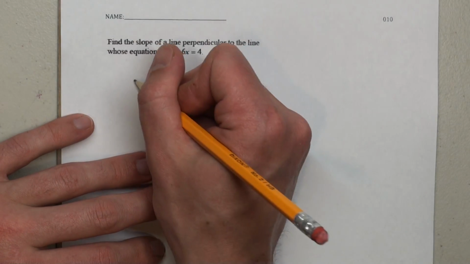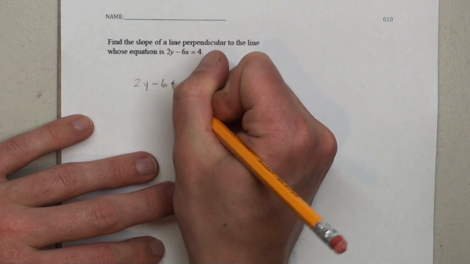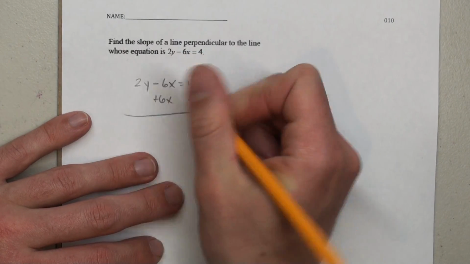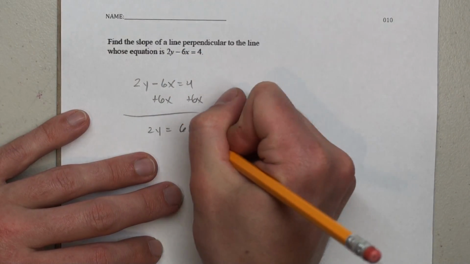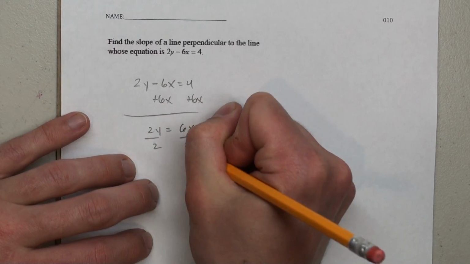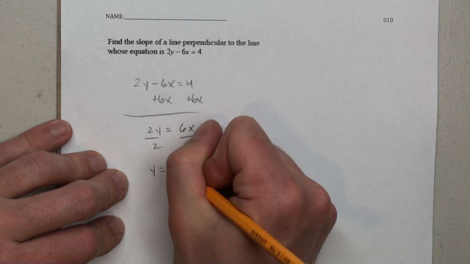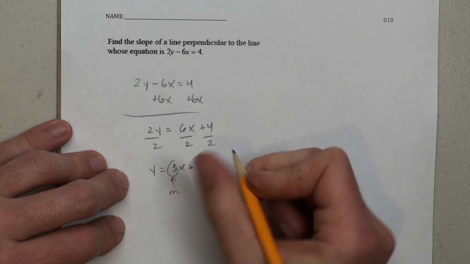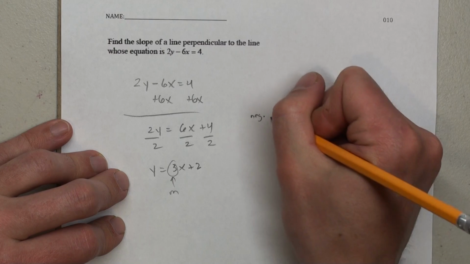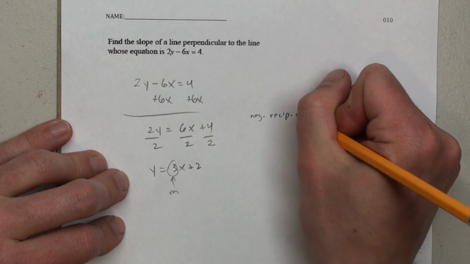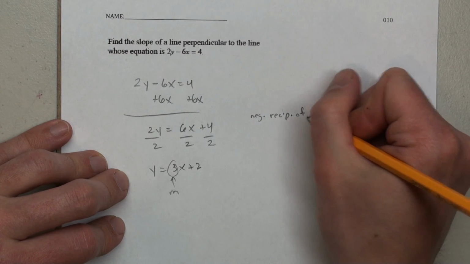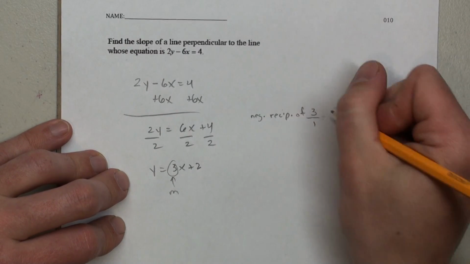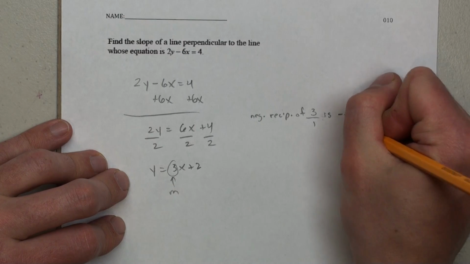Okay, this is your standard question on this type of thing, back to the normal. Here's my m, the negative reciprocal of 3 over 1, whoops, is negative 1 over 3.